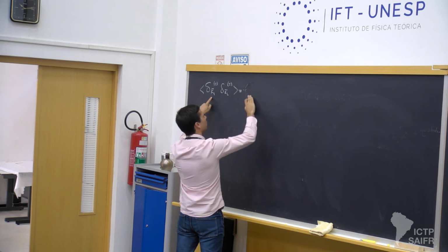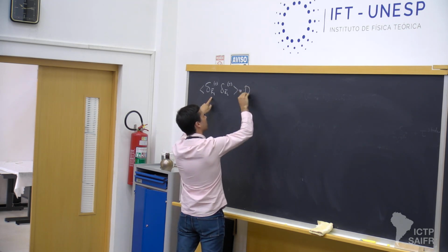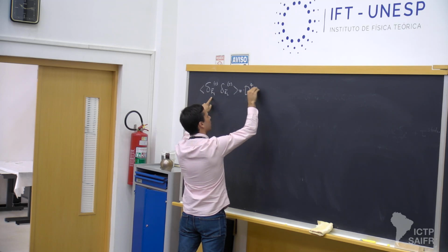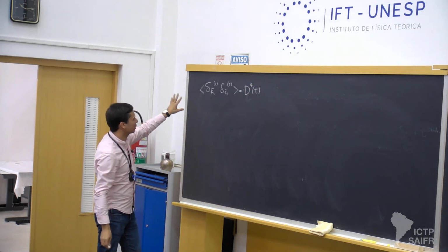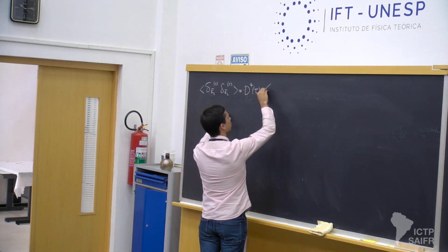Okay, first of all, let me do the simplest possible thing. There is d to the 4 of tau. That factors out. Then I have expectation value.